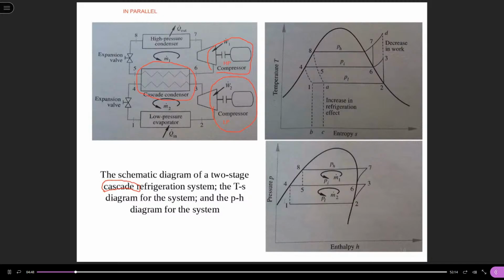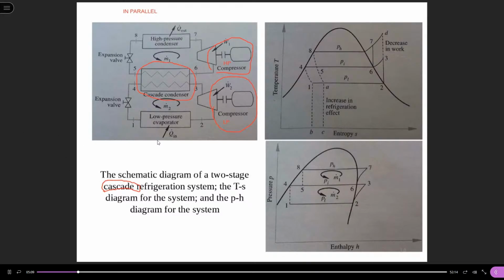We can see this condenser in fact serves as the condenser of the low pressure loop.